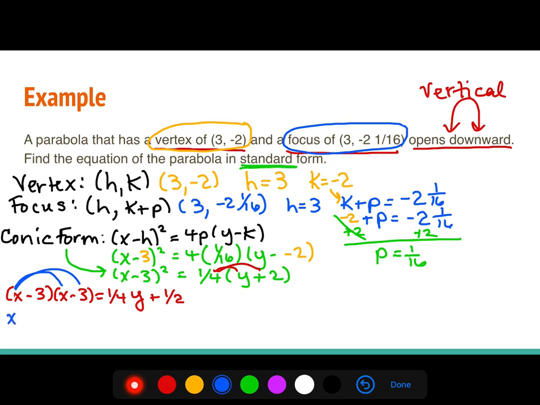And then 1/4 times (y plus 2), I'm actually going to multiply that. 1/4 times y is 1/4 y. 1/4 times 2 is 1/2. I distributed. And then I'm going to multiply by FOILing. x times x is x squared. x times -3 is -3x. Another -3x. And -3 times -3 is +9.